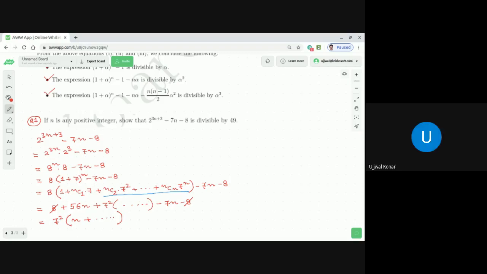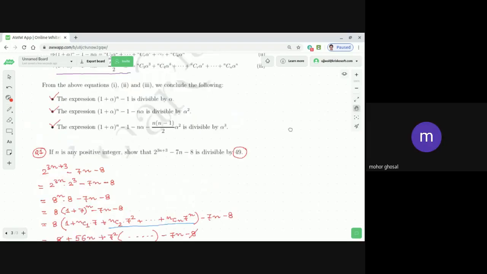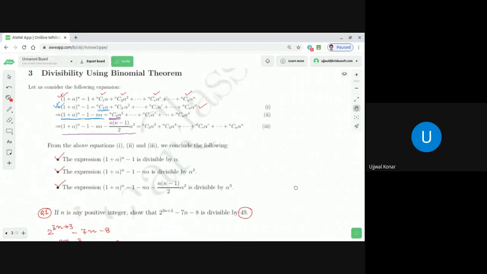Once you start solving a problem, first and foremost, dear students, 49 should give you a clear idea of what you need to proceed. 49 should be either alpha or a power of alpha. Correct or not, dear students? Srijita, Divanshu, Sagnik, absolutely clear?